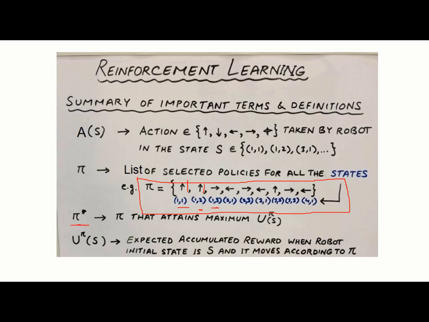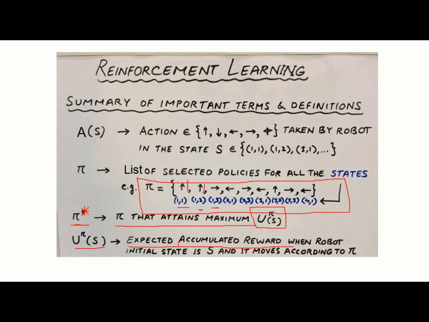Next is pi star. So this is static. So pi star is actually a policy that attains the maximum expected accumulated reward, U pi of s. And U pi of s is, as we've been defining already, the expected accumulated reward.